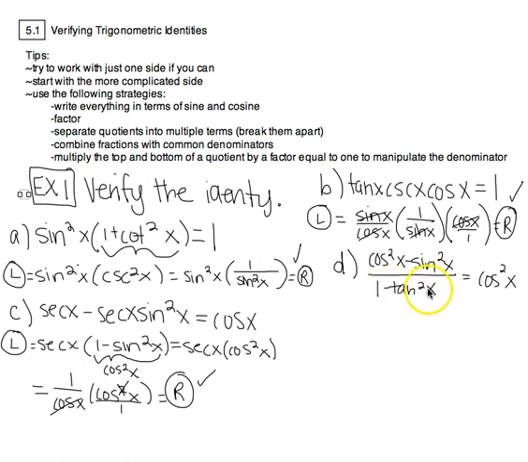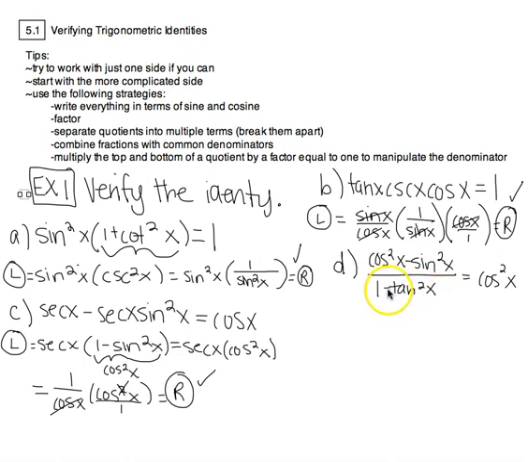We've got kind of a lot of complicated looking stuff on this left side. Cosine squared minus sine squared also isn't a Pythagorean identity. It would have to be a plus. So we're going to have to use a new strategy here. And what I'm going to do is use the last strategy, which is pretty common when you have a 1 minus something or a 1 plus something in the denominator, and it's not directly one of the identities.